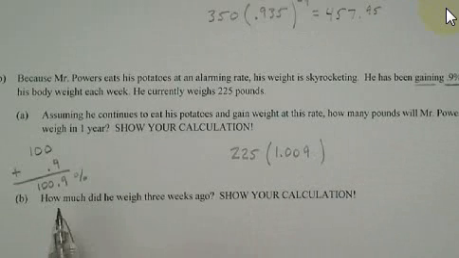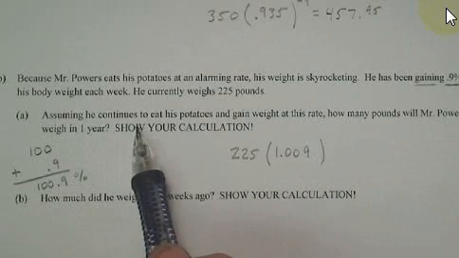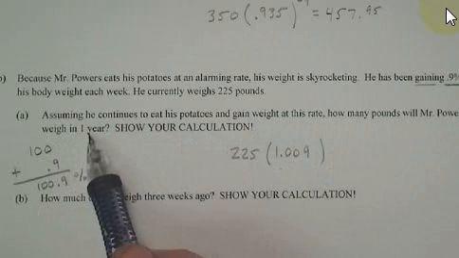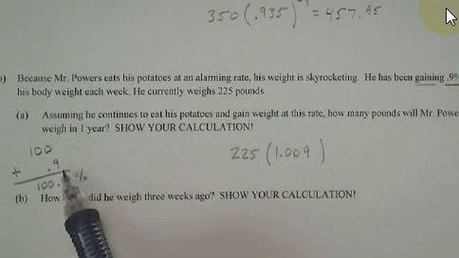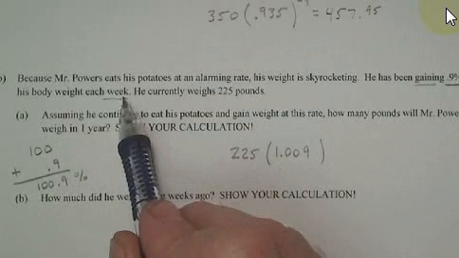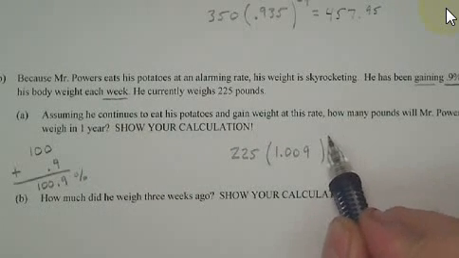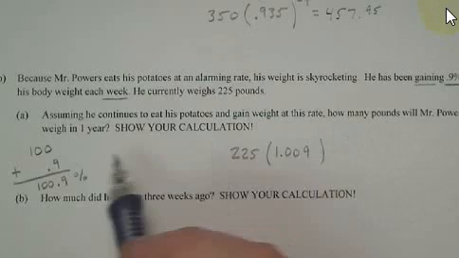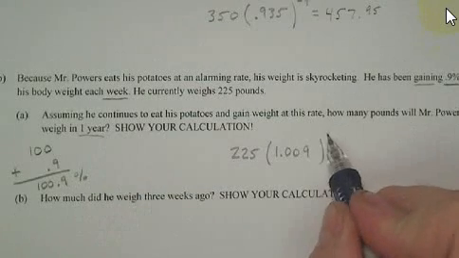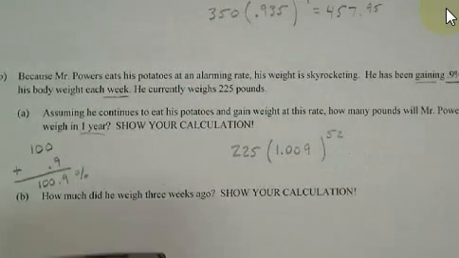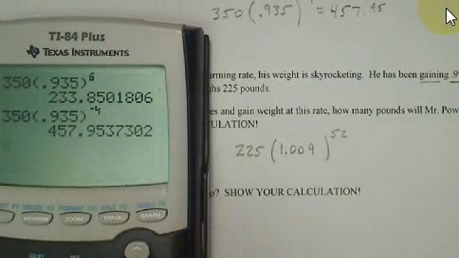And now let's check out what it asks. Assuming he continues to eat his potatoes and gain weight at this rate, how many pounds will he weigh in 1 year? Remember, this is how much he gains each week. So if this is weeks, your exponent has to be weeks. We can't put 1 right there. That would be 1 week. We need 1 year, which is 52 weeks. 52 weeks in 1 year. So we drop down to our calculator here and we type 225.